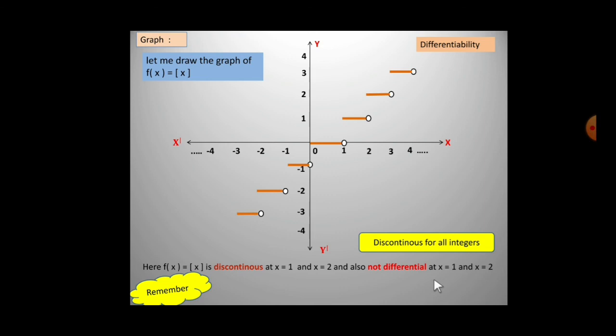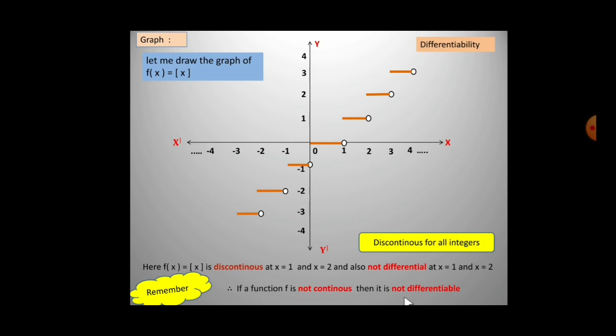Okay, so from this you have to remember, if a function f is not continuous, then it is not differentiable. This is a very important point. Remember students, if a function is not continuous, then it is not differentiable.